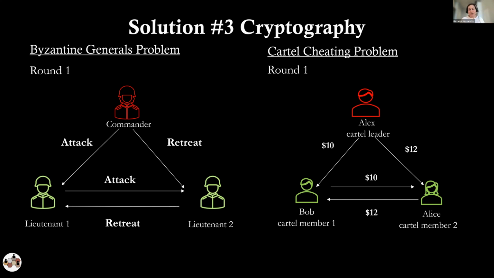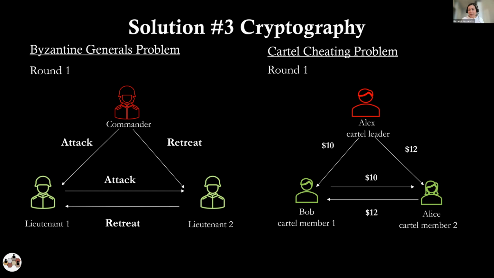So differently from the situation that I described before, which is impossible, if you can use signed messages, you can solve the problem, because Lieutenant 1 will receive attack and retreat, but this time the message that the commander, the traitor, sends is signed.